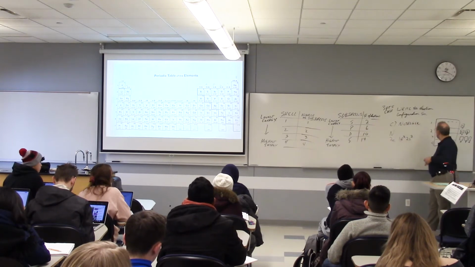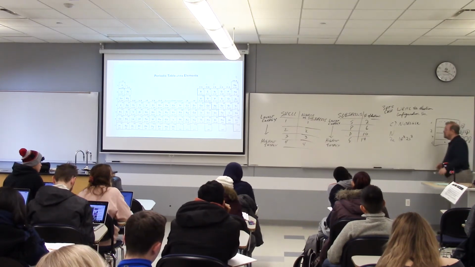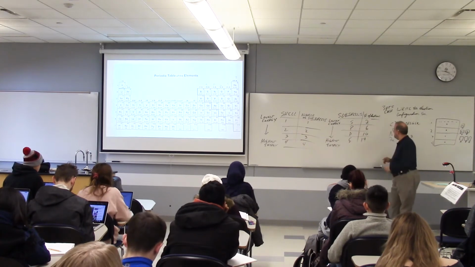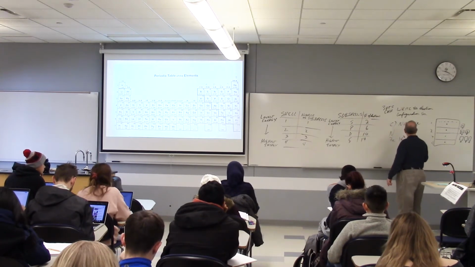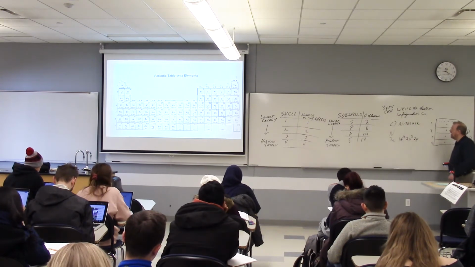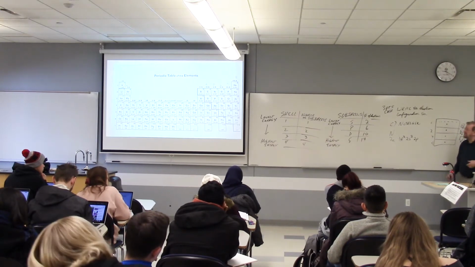Well, I'm full. So this box is full, and I have to go to the next box, or subshell, in 2, because 2 has 2 subshells, S and P. So how do you name a subshell? Number, letter, 2P.